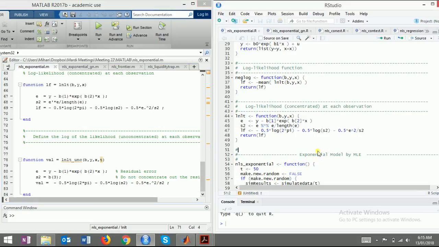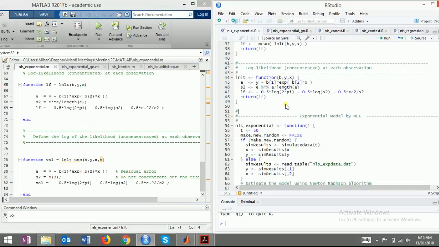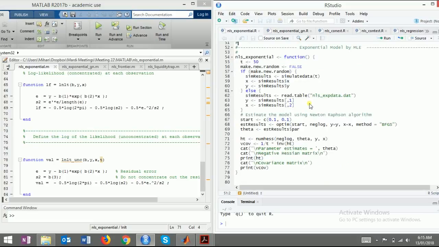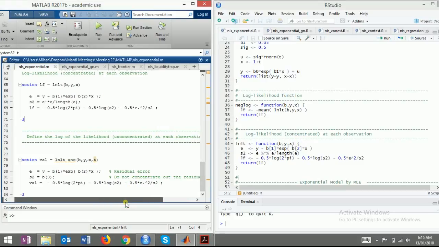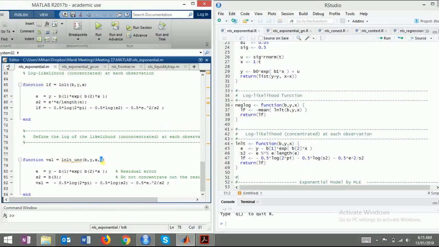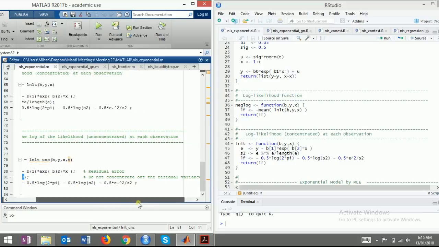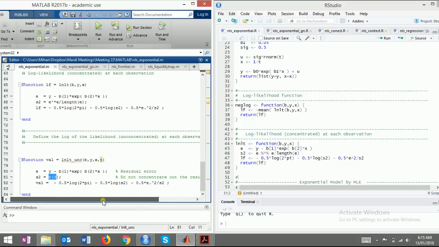Then the unconcentrated log likelihood function. Concentrated, and where is the unconcentrated one? No, unconcentrated is just introducing this t. See, sigma square is, we do not concentrate out the residual variance. Without concentrating out the residual variance, we have what? We have a third parameter: beta 1, beta 2, and beta 3.